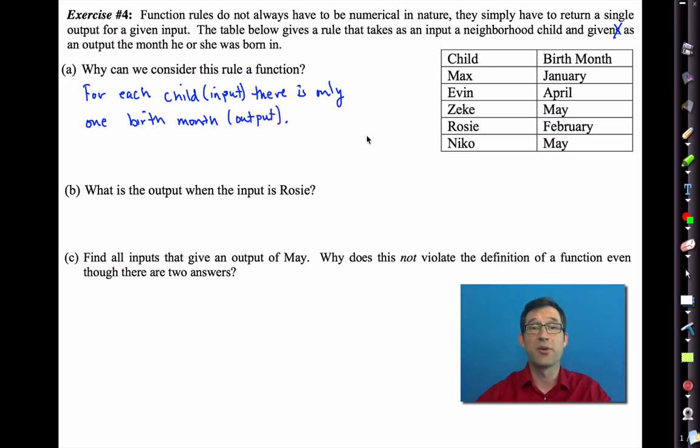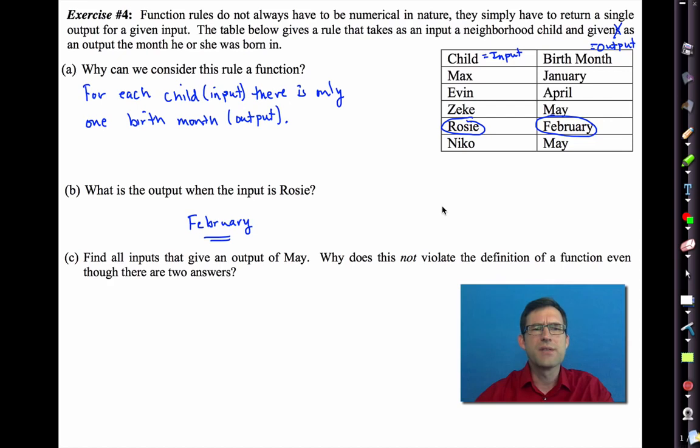I wasn't born in December and January, right? So if the input is the child, the output is the birth month. There is only one output for each input. Letter B is easy. What is the output when the input is Rosie? Well, simple enough, the output is February. So when Rosie goes into this function, what comes out is February.